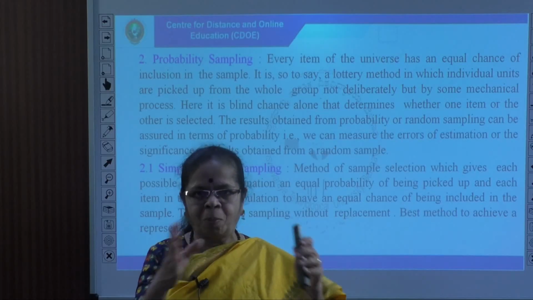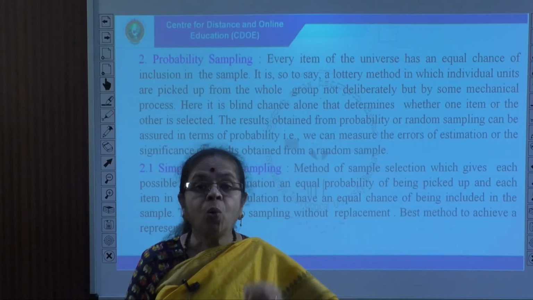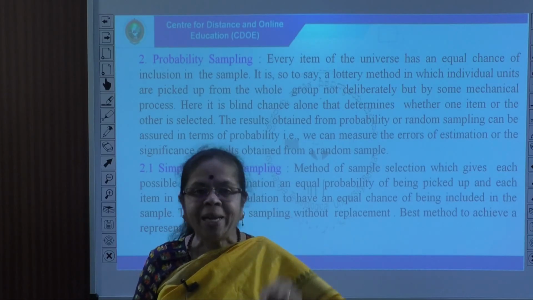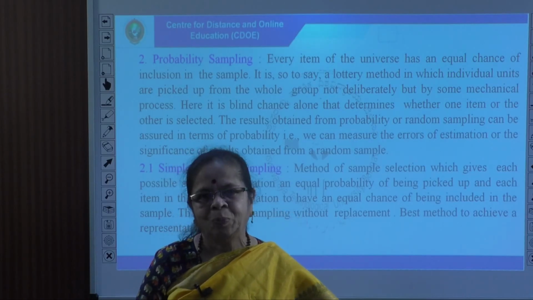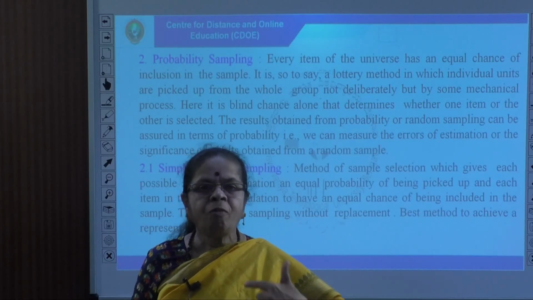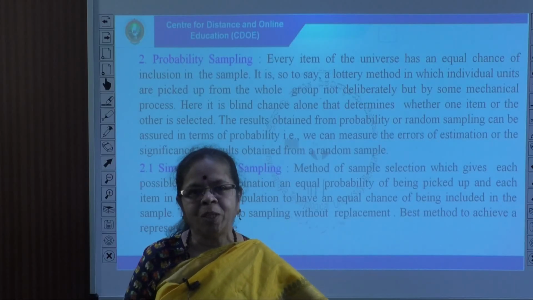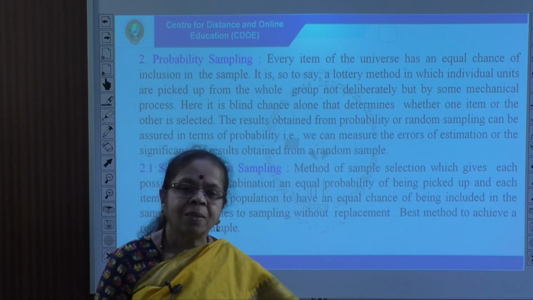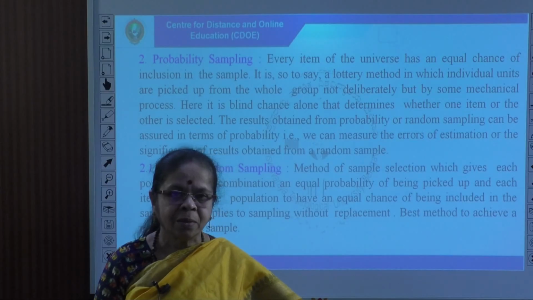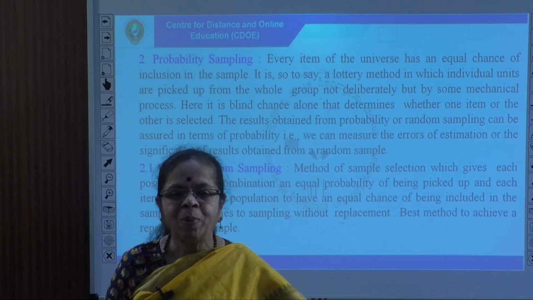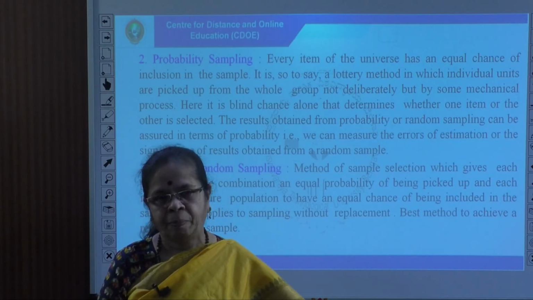Probability theory is all about that. You can apply statistical methods of analysis only in such cases, where every item has an equal probability of occurrence. All the sampling designs which fall under this come under probability sampling.